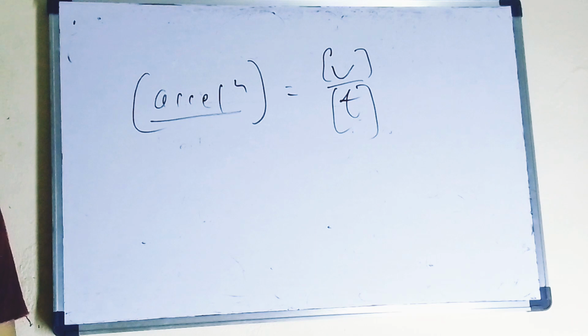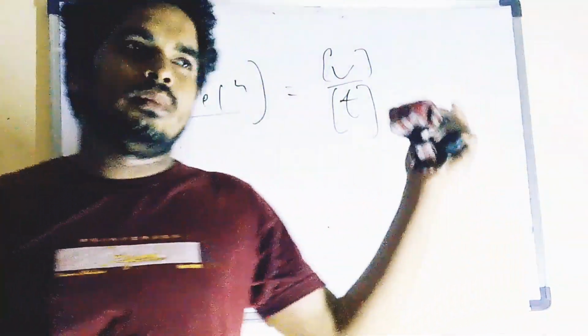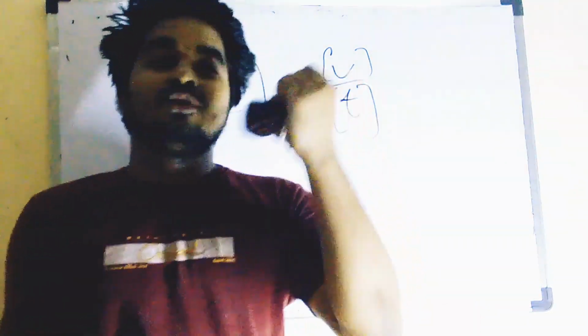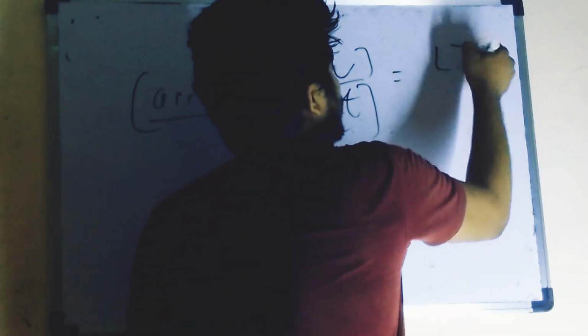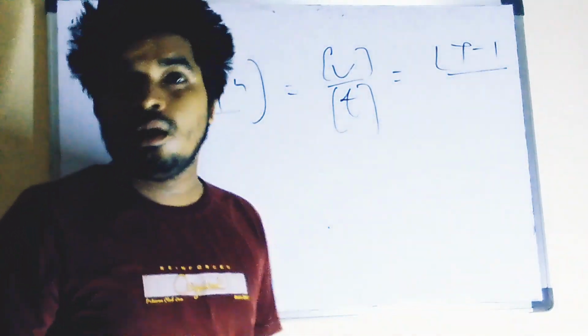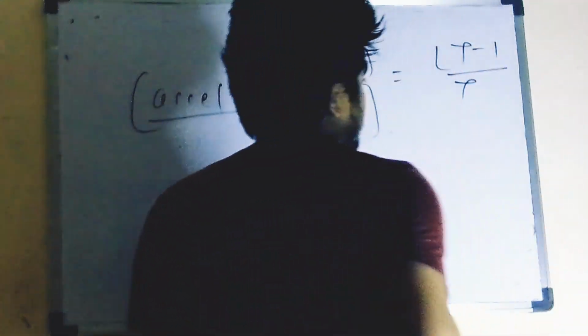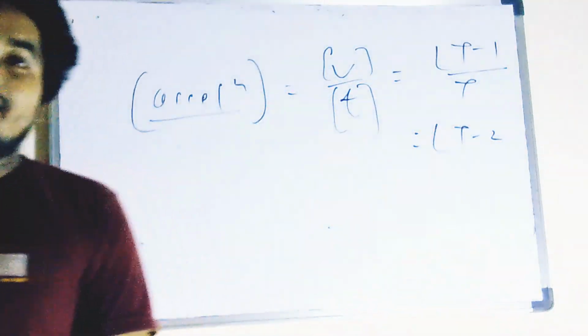I already derived the dimension of velocity, so I am not going to derive it again. We will directly use the dimension of velocity from now on. The dimension of velocity is L T minus 1, and the dimension of time is T. So the dimension of acceleration is L T minus 2. Clear.